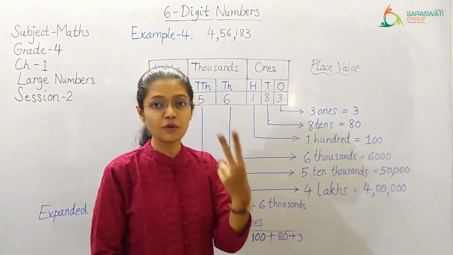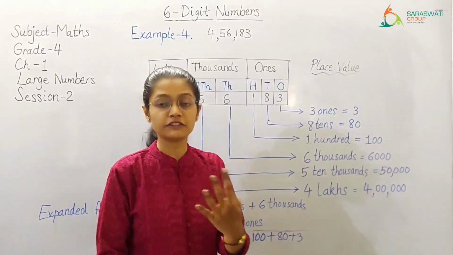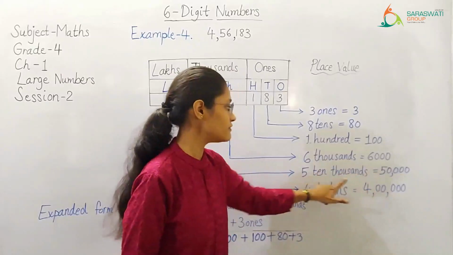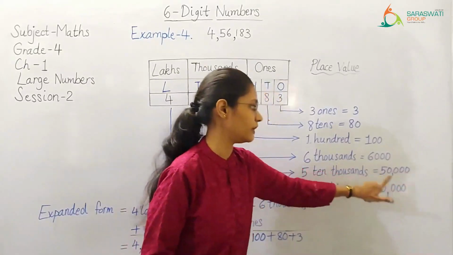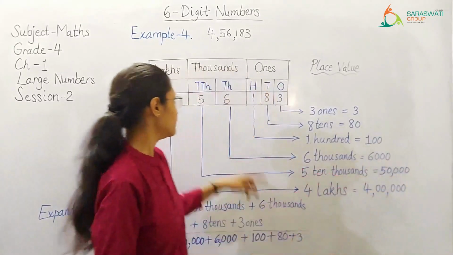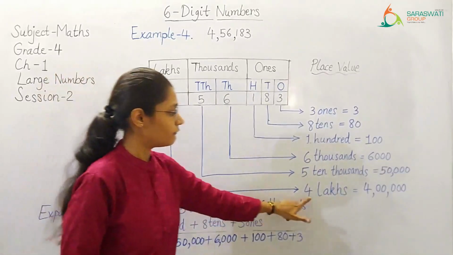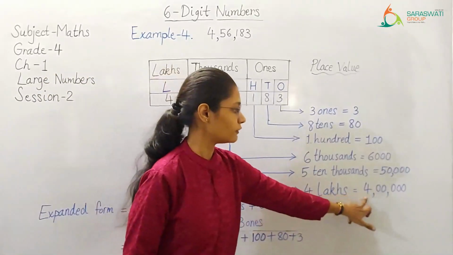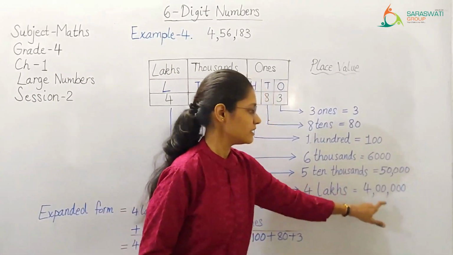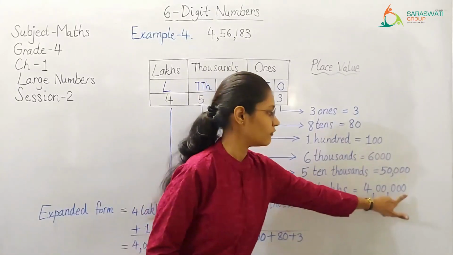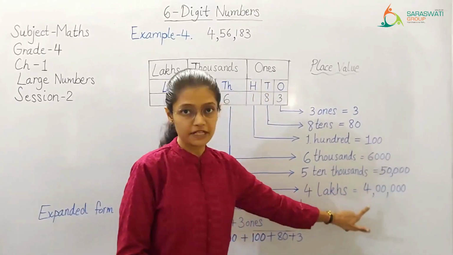So 10,000, 20,000, 30,000, 40,000 and 50,000. So 5 10,000s equal to 50,000. 5 followed by 4 zeros. Then 4 lakhs, 4 followed by 5 zeros. And using 2 commas to separate the ones, thousands and lakhs periods.